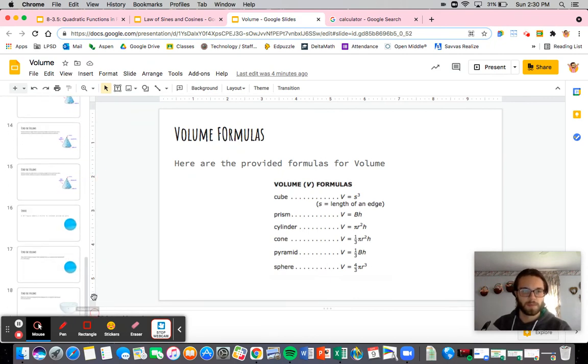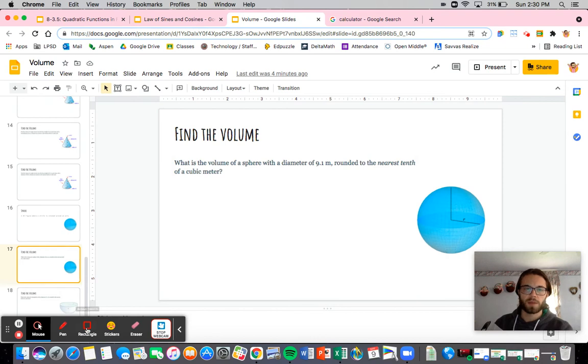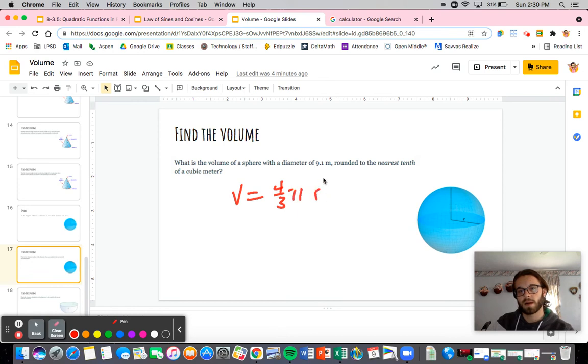All right, so let's plug that in. So we have the volume is equal to 4/3 pi r cubed. So let's plug it on in. 4/3 pi, 9.1 cubed.